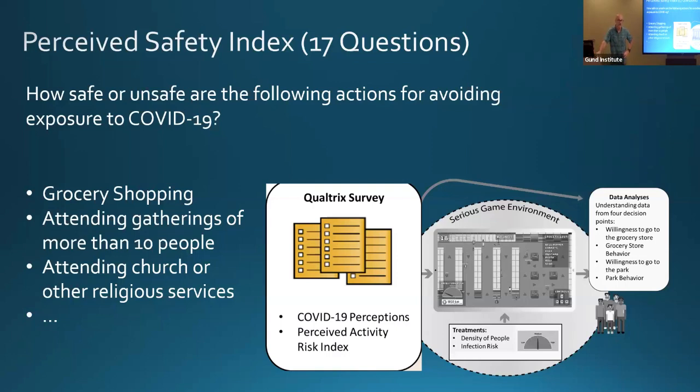How safe or unsafe are the following actions for avoiding exposure to COVID-19? And we asked 17 of these: grocery shopping, going to a party, going to church or religious service. 17 of those questions that allow us to develop an index of how likely it is that you think you're vulnerable to this.